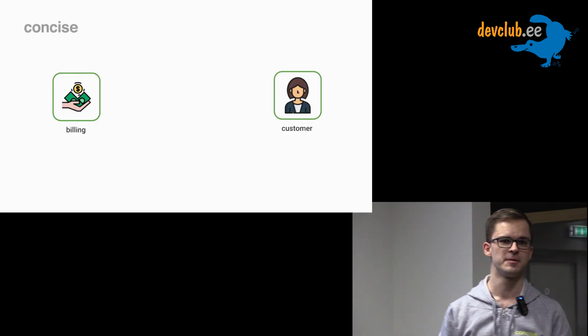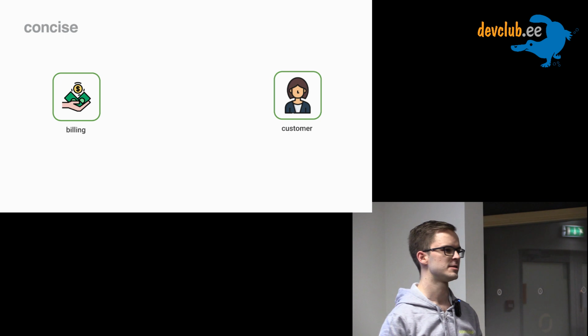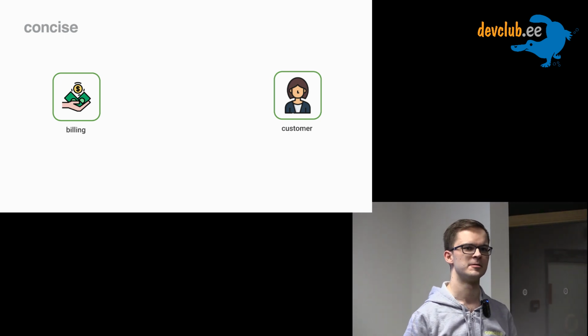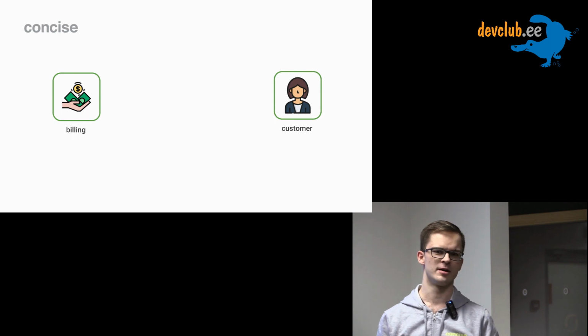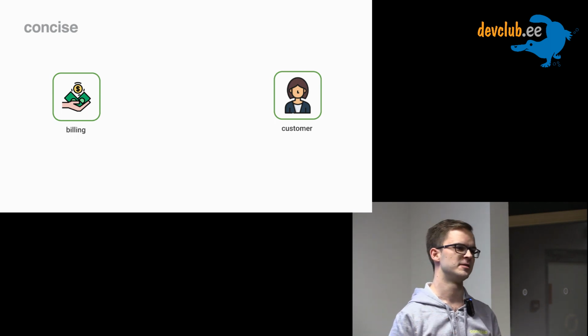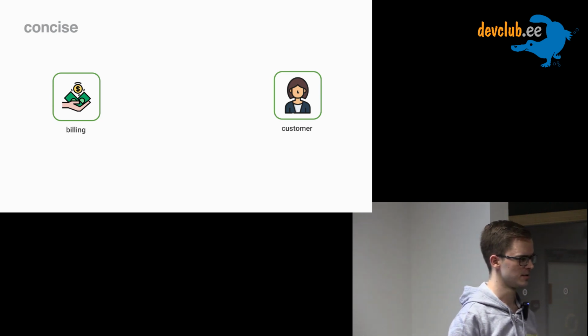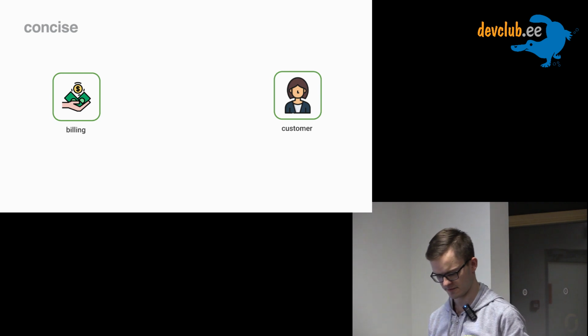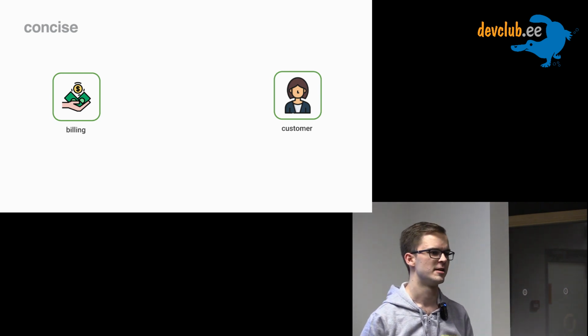So to explain what this thing actually is, I would first start with some examples. I'm going to set the scene with a fictional e-commerce company with a microservice-based architecture, and they have different services running in their environment.